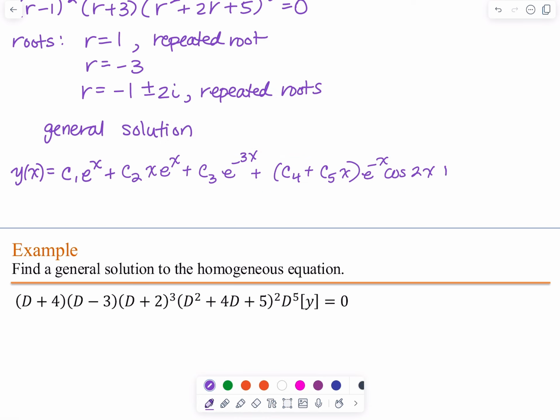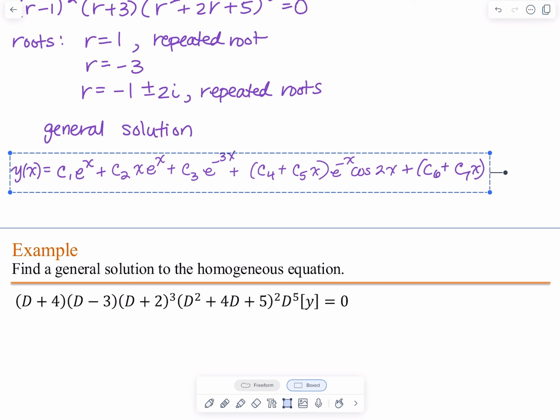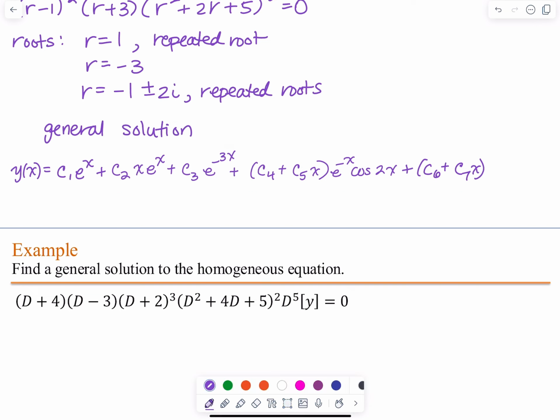And we'll do the same thing with our constants here. c6 plus c7 x multiplied by, I'd like to get all of this on one line, the sine of 2x.